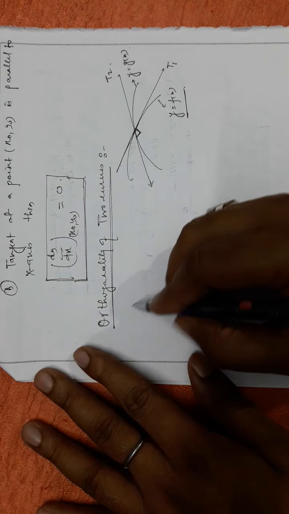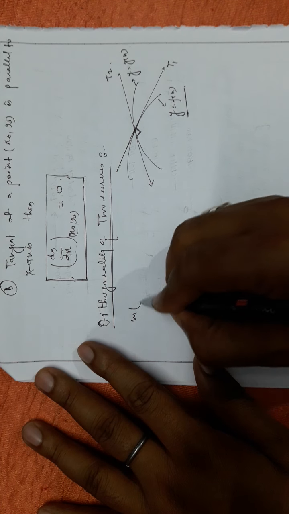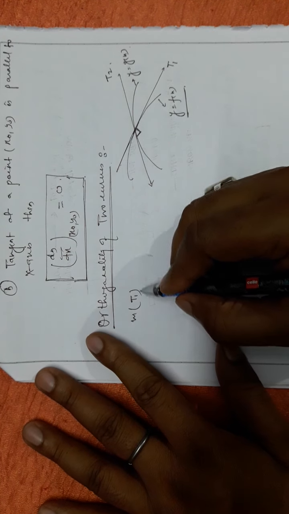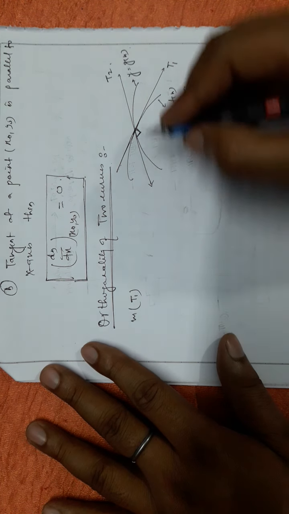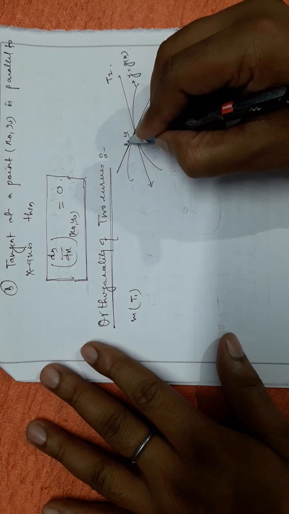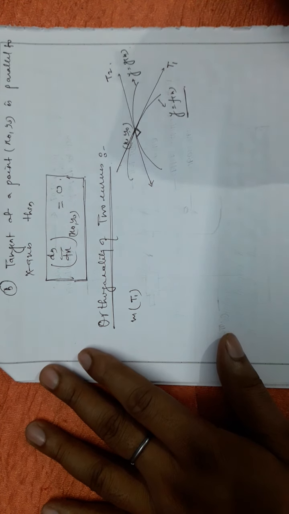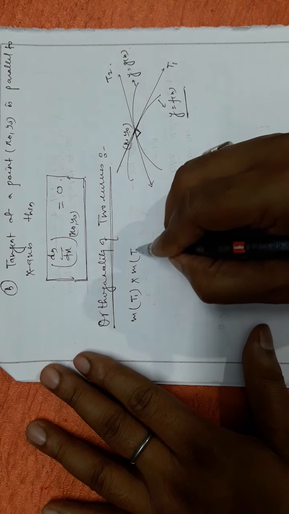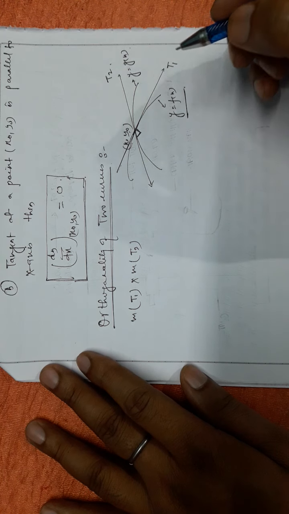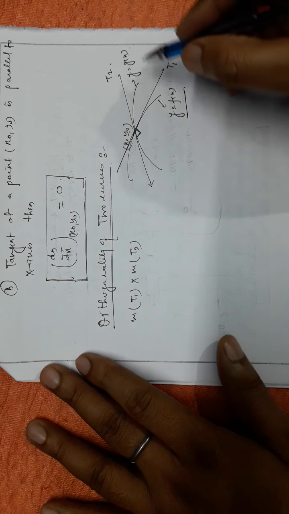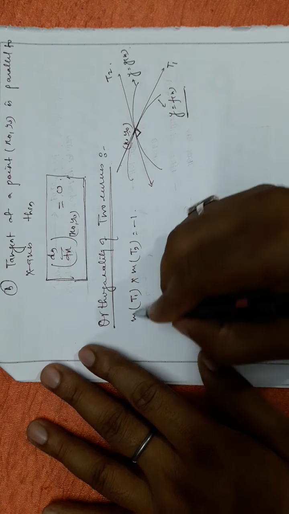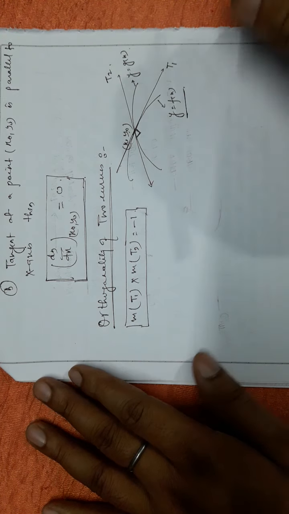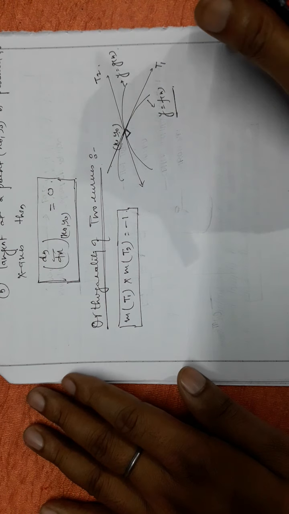Then we will say the slope of t1, that is the tangent at the point of intersection (x0, y0) on the first curve, into the slope of tangent t2 at the curve y equal to g(x) is equal to -1. So this is the condition for the orthogonality of the two curves.